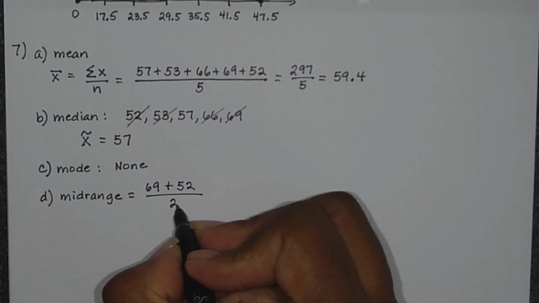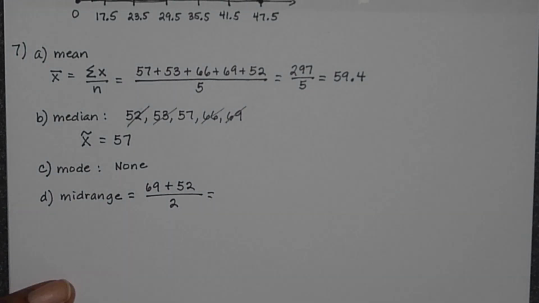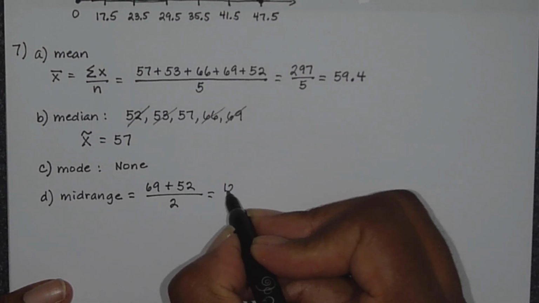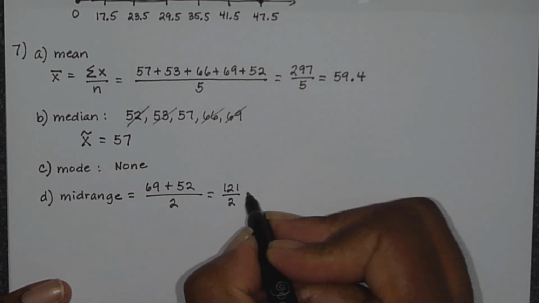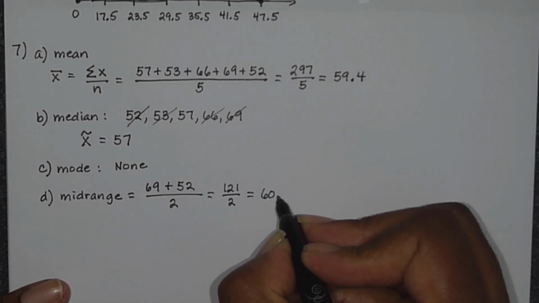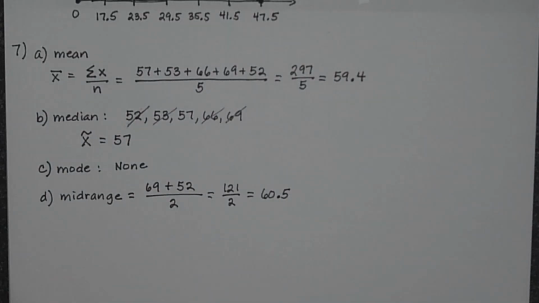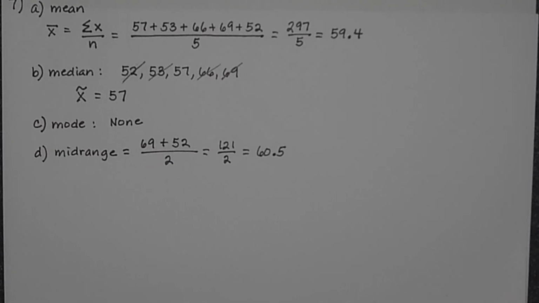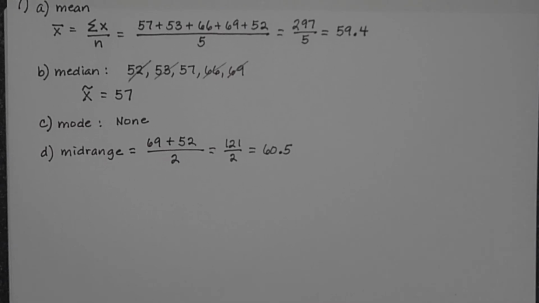So add 69 and 52 together, you're going to get 121. And 121 divided by 2 would be 60.5. Are there any questions about finding the mid-range?